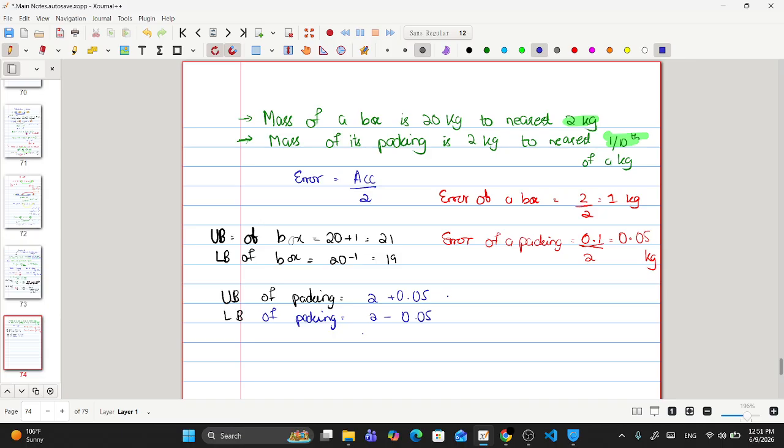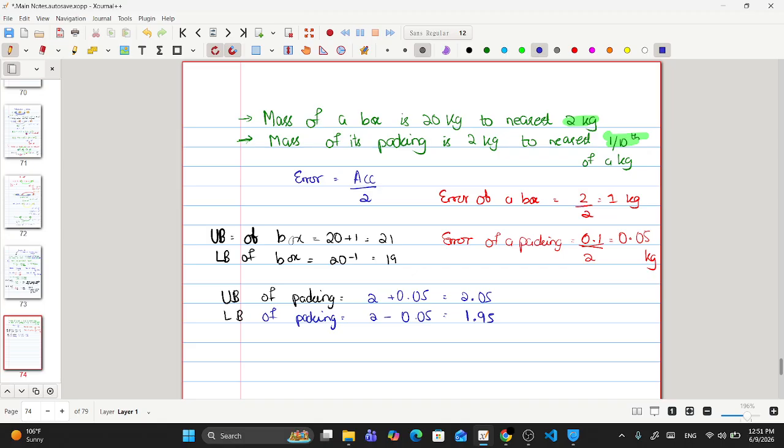So this might become 2.05, and can you solve 2 minus 0.05 on your calculator? It must be 1.95, I believe. Just solve it and verify it. 1.95. Great job.